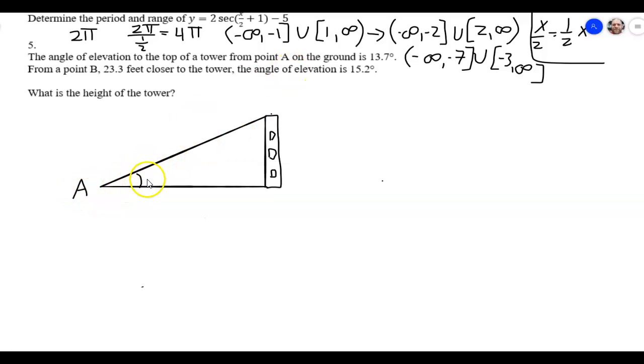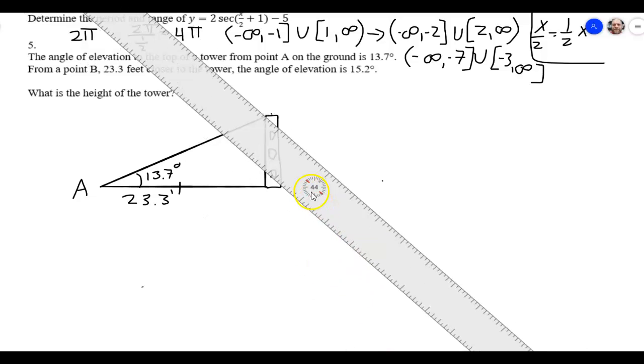That's given to us as 13.7 degrees. And then we go in 23.3 feet closer. And then our new angle of elevation, and let me use a nice little ruler for this.